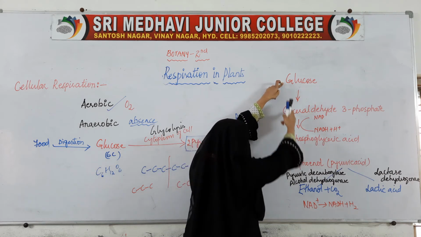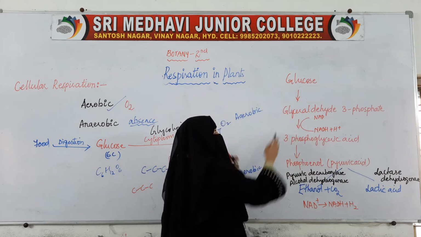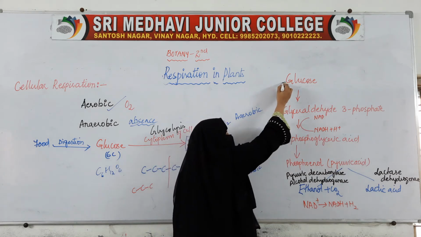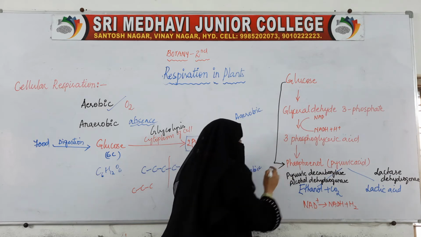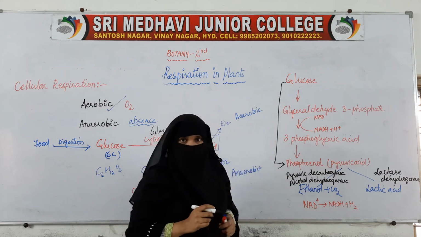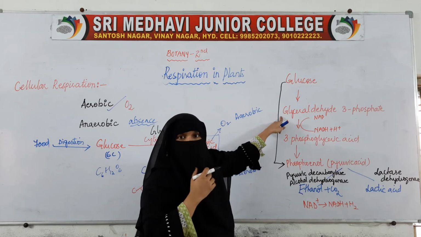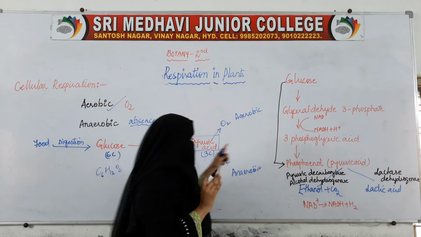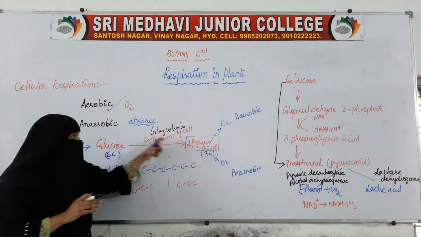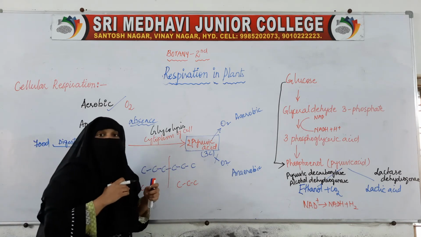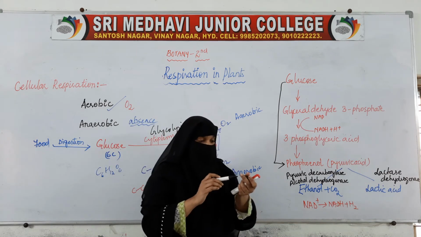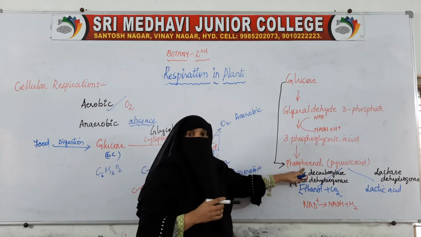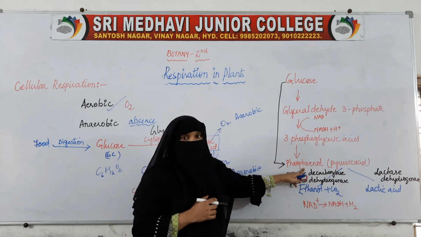So in this process, we just say that this is just one step, but for this to change into this, many intermediate reactions will take place. I have mentioned only 2 reactions, but 10 reactions will take place, and many intermediate products will be formed before the final product, pyruvic acid, is formed.